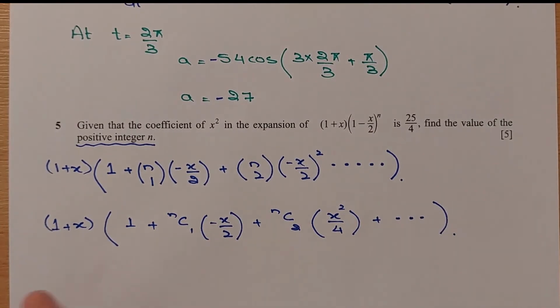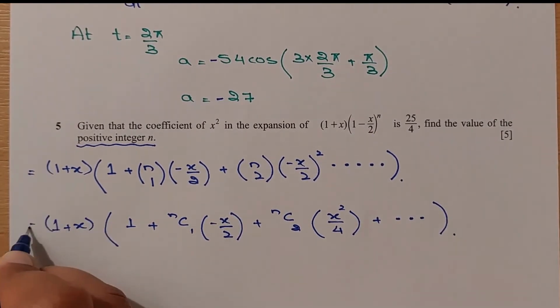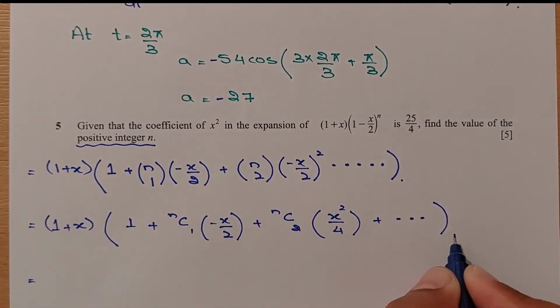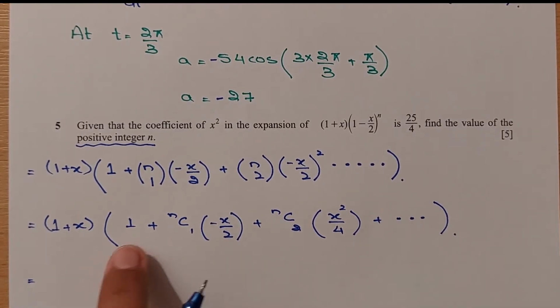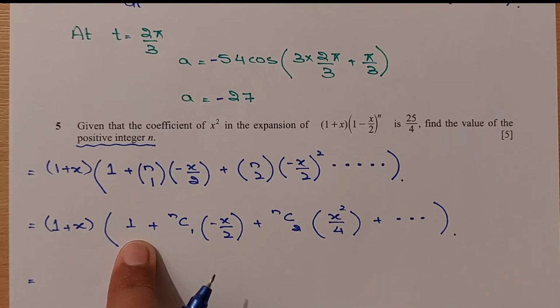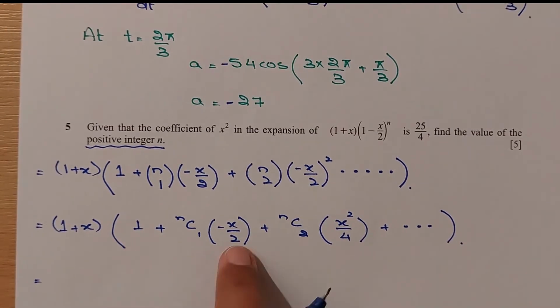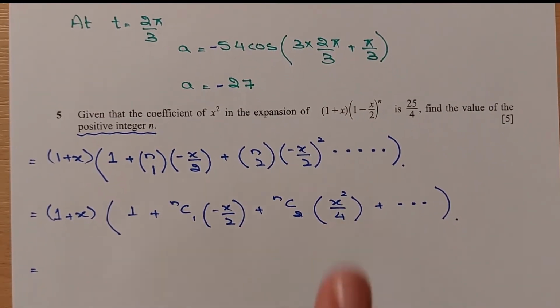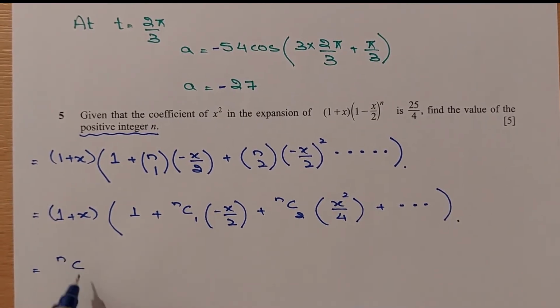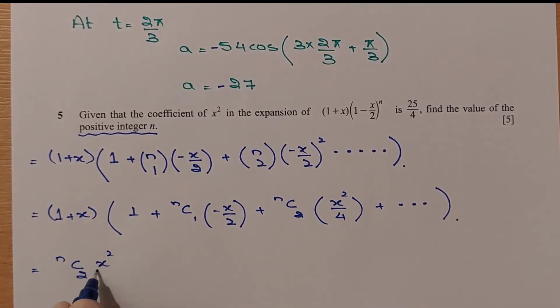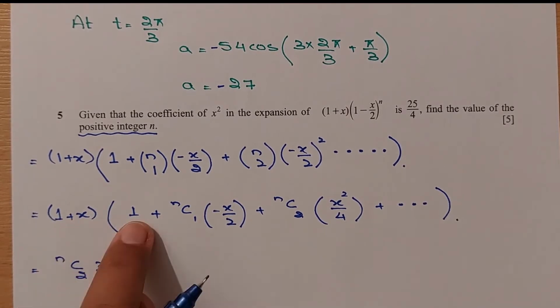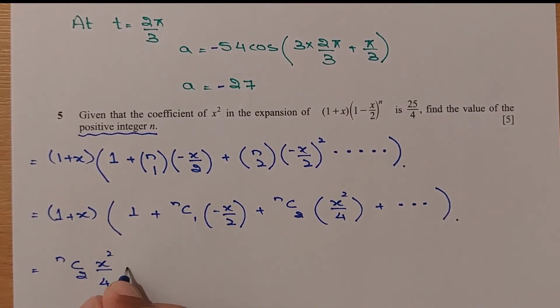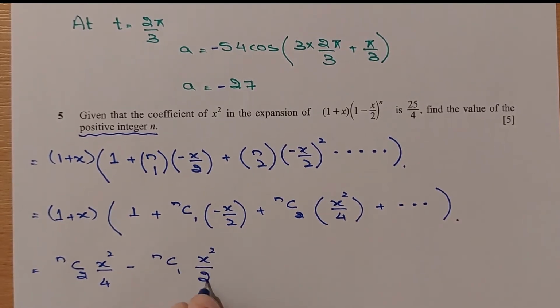Okay, now let me do the product here. 1 is multiplying with all the terms, but we are just finding the coefficient of x squared, right? This is the x term and this is the x squared term. So nC2 times x squared by 4 is an x squared term, and minus nC1 x squared by 2, right?